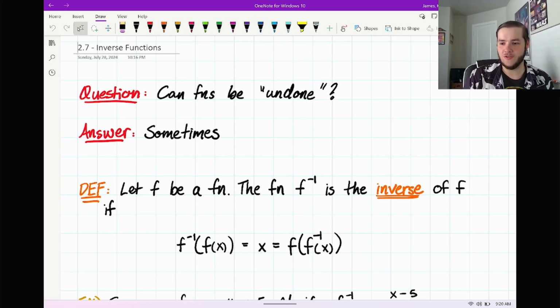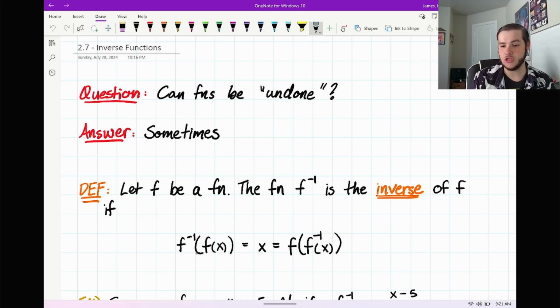First of all, let me make a little bit more explicit what I mean by an inverse. If f is a function, then the function f to the negative 1 power, which is maybe a little bit of an abuse of notation, is the inverse of f if when I plug f into f inverse, I get back x. Let me explain. f of x, remember, is the output you get from the input x.